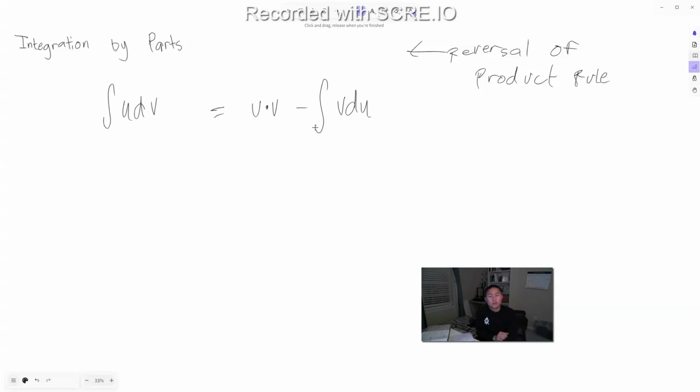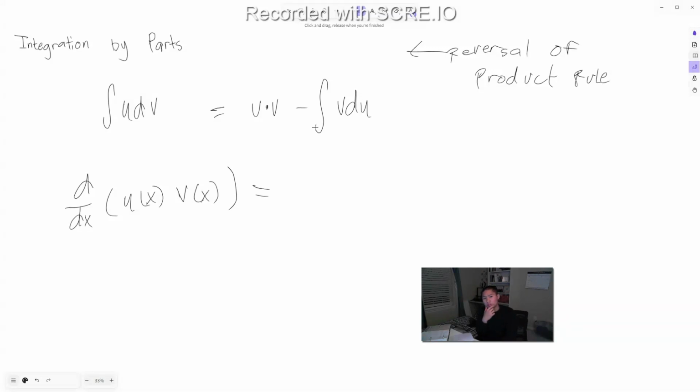Okay. First things first, we know that if we take the derivative of two different functions, u of x and v of x, and when I say different functions, I'm talking about, for example, u of x being a polynomial and v of x being something like a trigonometric, logarithmic, or exponential function.